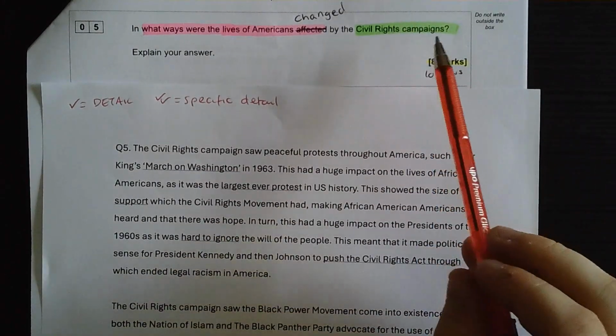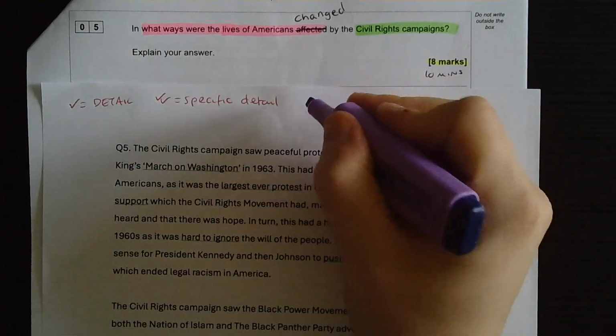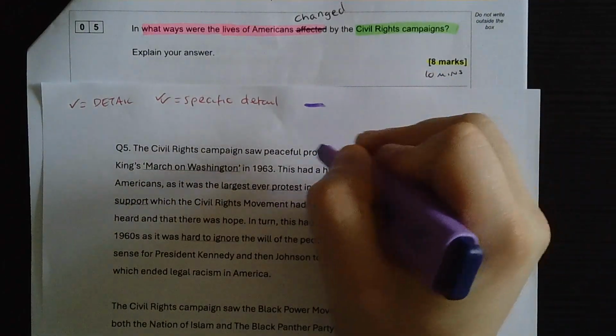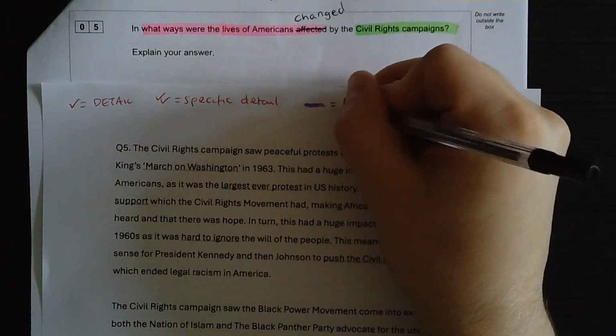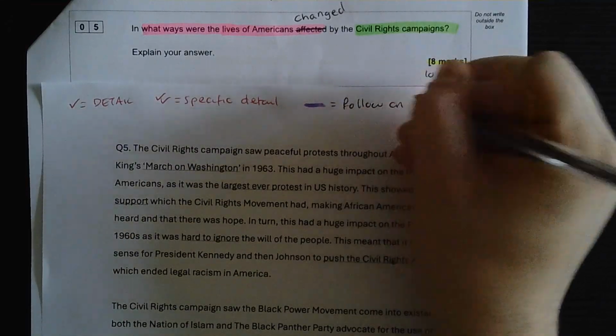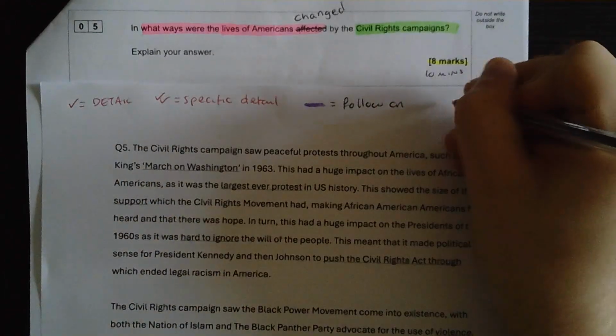I'm also going to just underline in purple my explanation, so how it follows on from each sentence, which I think is a really important thing to do. So I'm just going to write purple is follow on. And then I'm also going to highlight a really good tip for level 4.